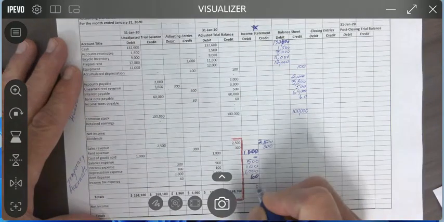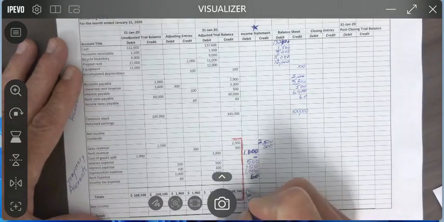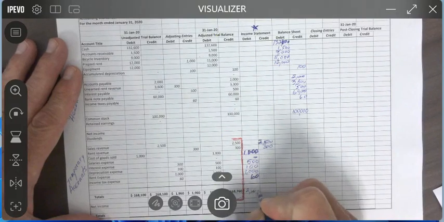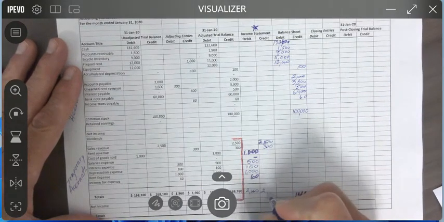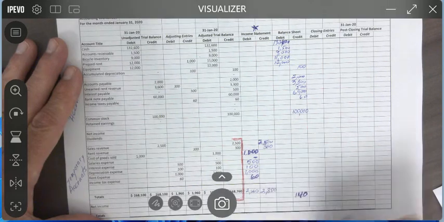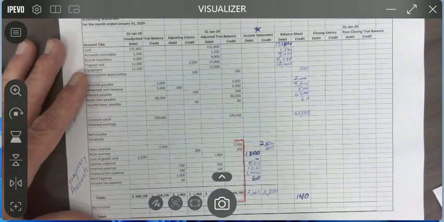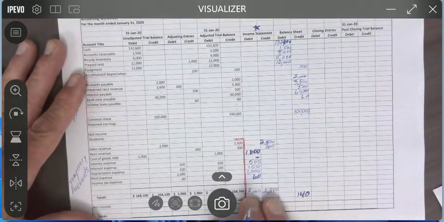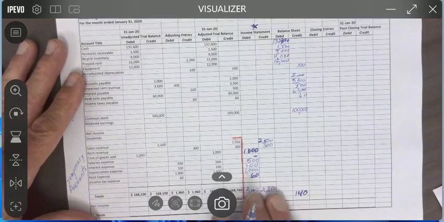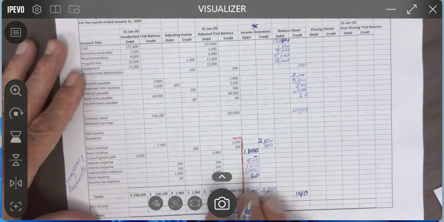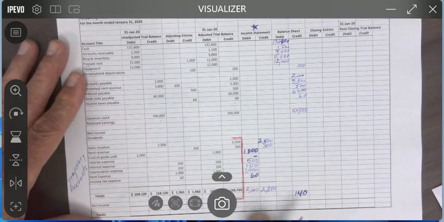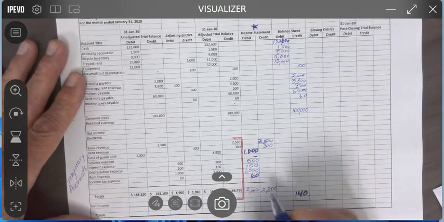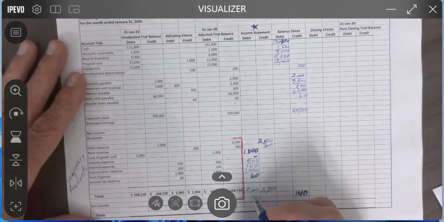And so we put some totals in here. And then, of course, those don't equal because revenues exceeded expenses. So if you're one who likes balances, I don't care how you do it, you could put 140 here.